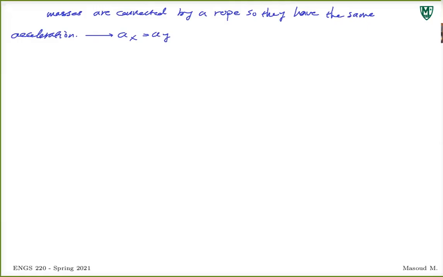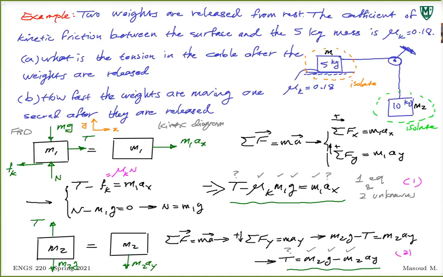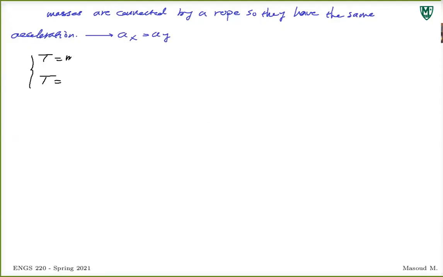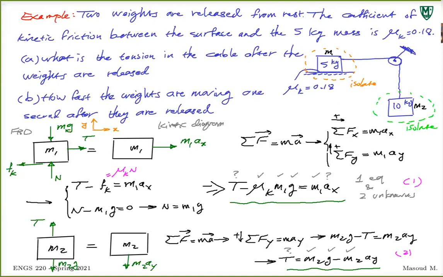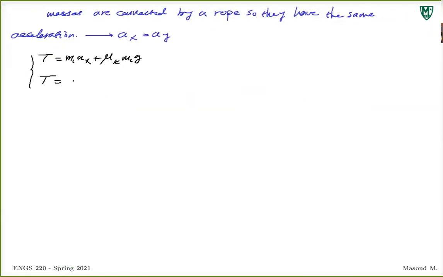From the first one, let me write everything as a function of T for both of them, so it's easier to follow. The first one, we get T equals M1 AX plus mu K M1 G. And for the second one, we get T equals M2G minus M2AX.